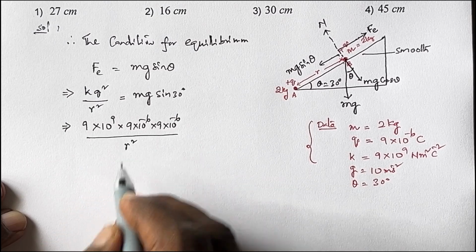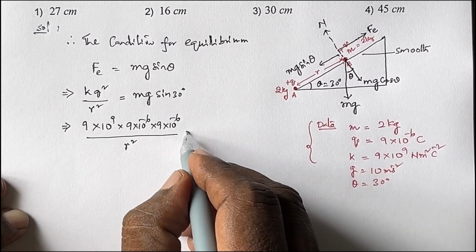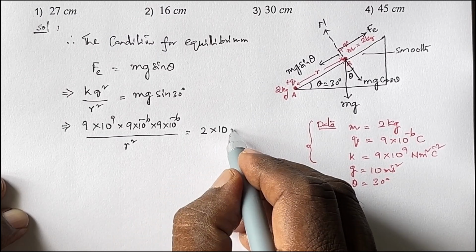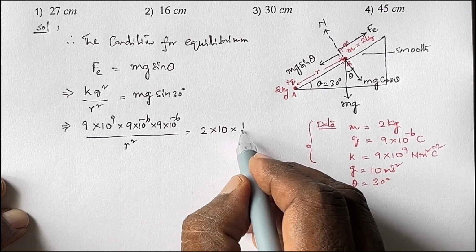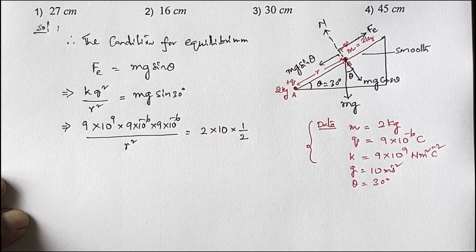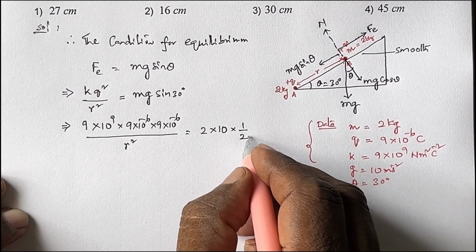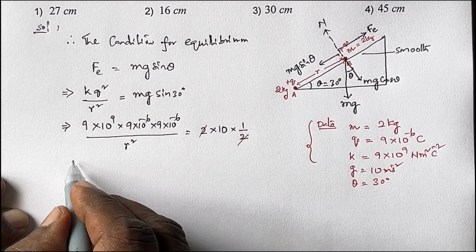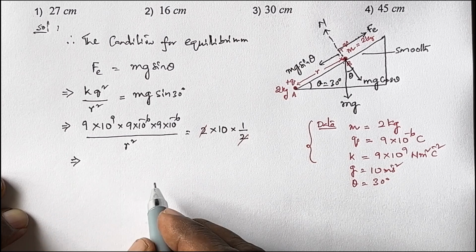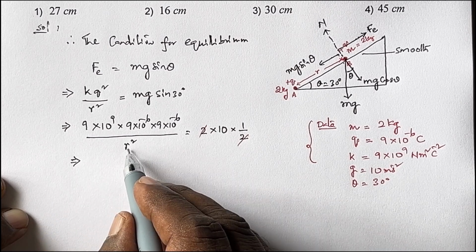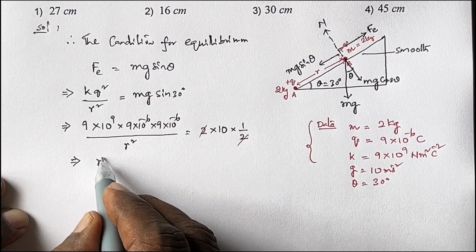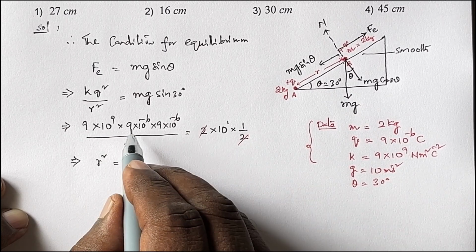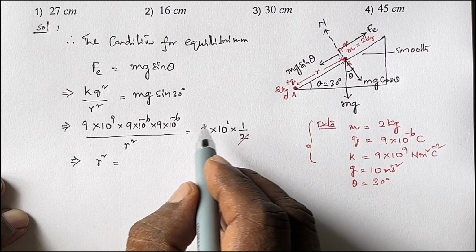This r value we have to calculate, is equal to mass of the body 2 kg, acceleration due to gravity 10, sin 30 degrees is equal to 1 by 2. So these two will cancel each other. Now I will place this r on this side. I will write here like this, and this 10 means 10 power 1. When it comes to this side of the equals sign, it becomes 10 power minus 1.